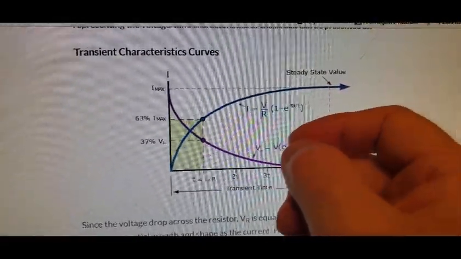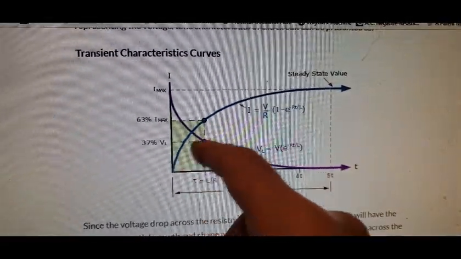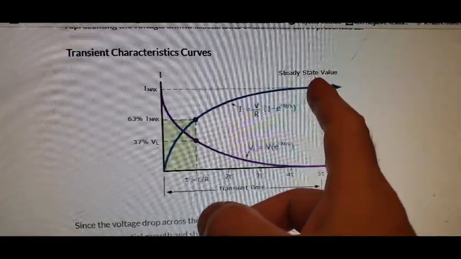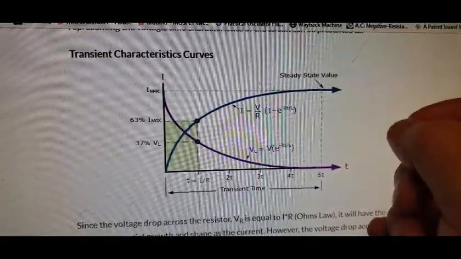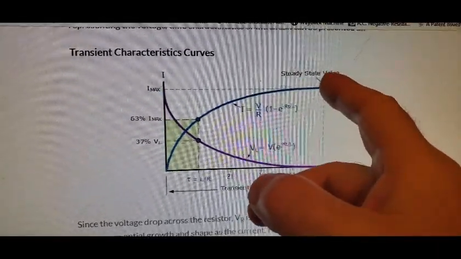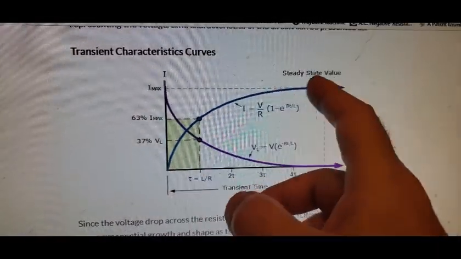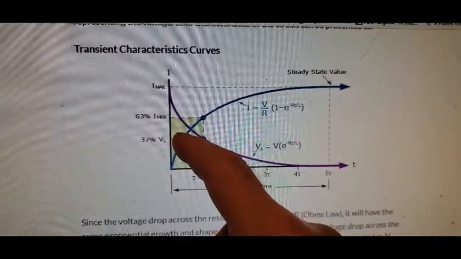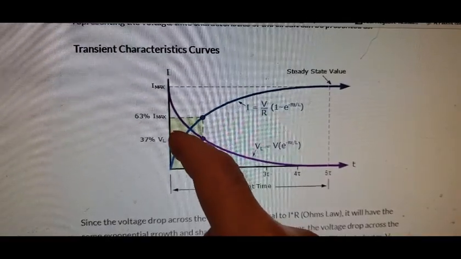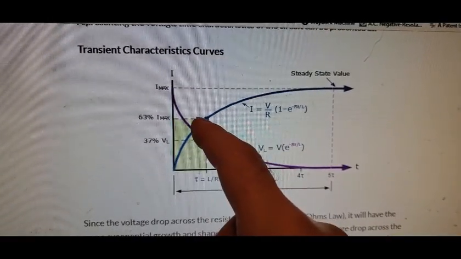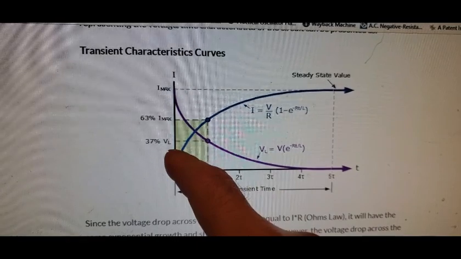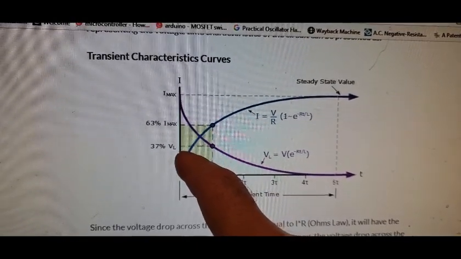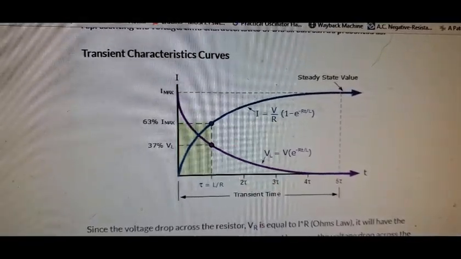You could have, say, a 10 millisecond pulse, and you could have a core that saturates in 1 millisecond, in which case that 10 millisecond pulse is incredibly inefficient. Or you could have a core that saturates in 1/10 of a millisecond, in which case you're down there on this graph. And it's as you get down in here that things get better and better in terms of Q factor, and hence in terms of your spike.